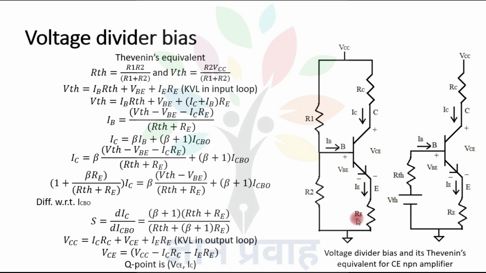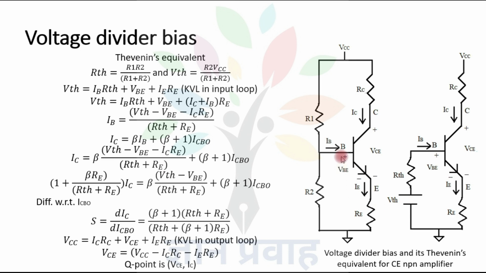By converting this biasing circuit into the Thevenin equivalent model, the final voltage divider bias circuit is given here. RTH equals R1 R2 divided by R1 plus R2. The Thevenin equivalent voltage VTH is R2 VCC upon R1 plus R2.